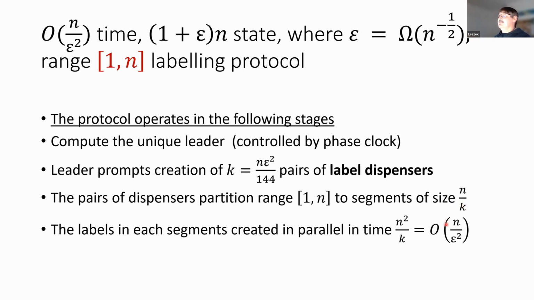Since the expansion is quick, it's only the time of running in circles, in many circles, simultaneously. Now, if you plug in k as suggested here, you can show that the complexity of this algorithm is n divided by epsilon squared.